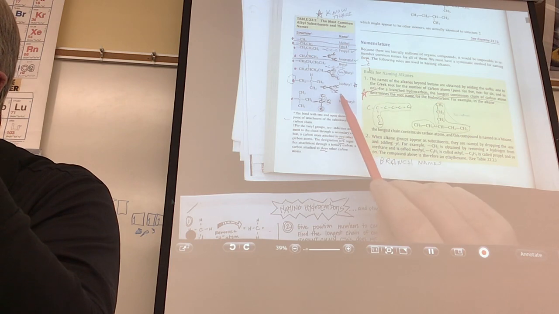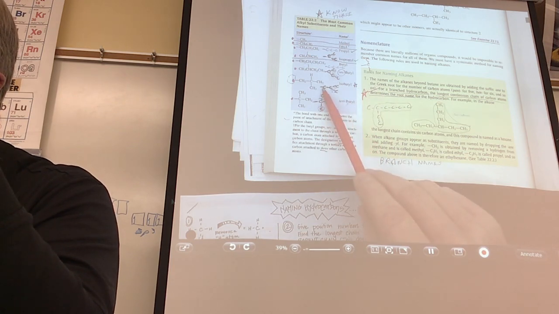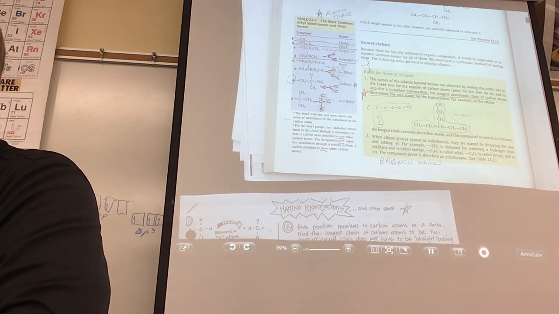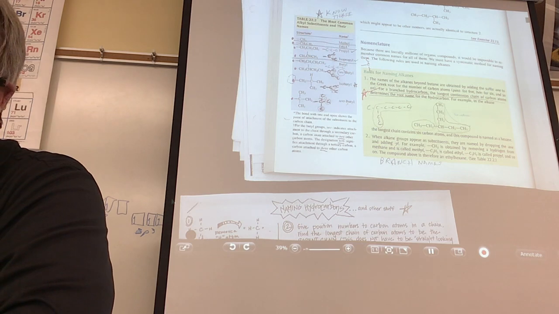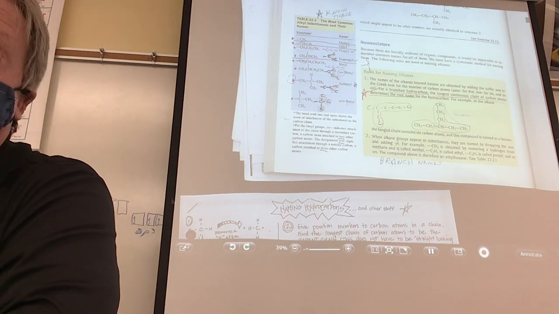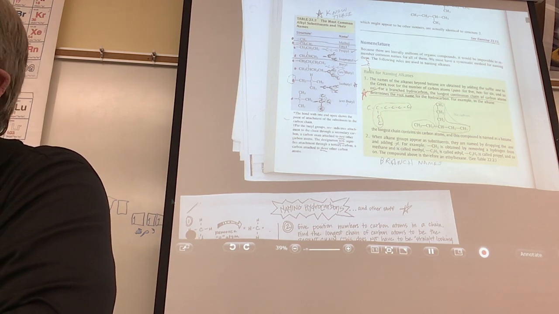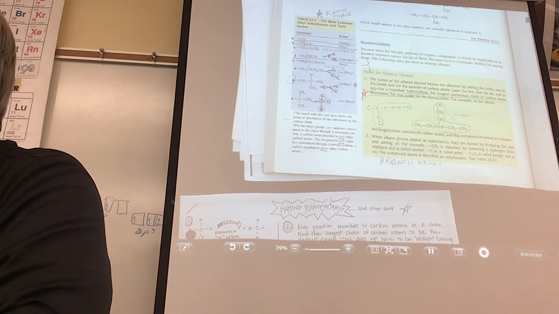Now, here's another one. What if I have this Y-shaped thing? This Y-shaped butyl is isobutyl. And then my favorite one is tert-butyl. Does anybody know what tert means? Third.